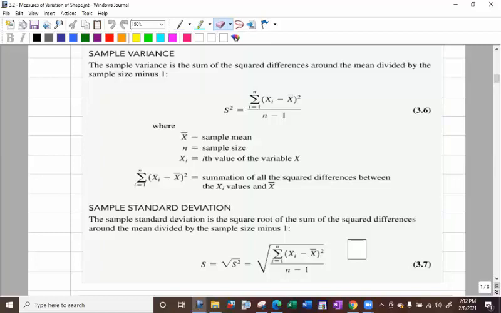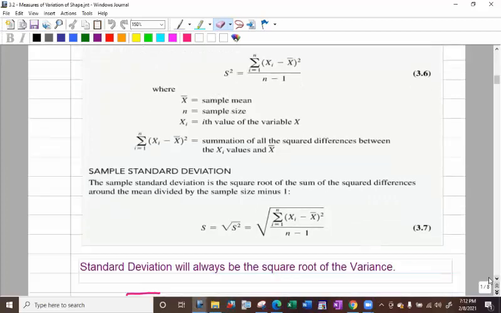That is it. We're going to have other formulas coming up in this class where a variance formula is given. Anytime you have a variance formula, the standard deviation will always be the square root of that formula. Every time.